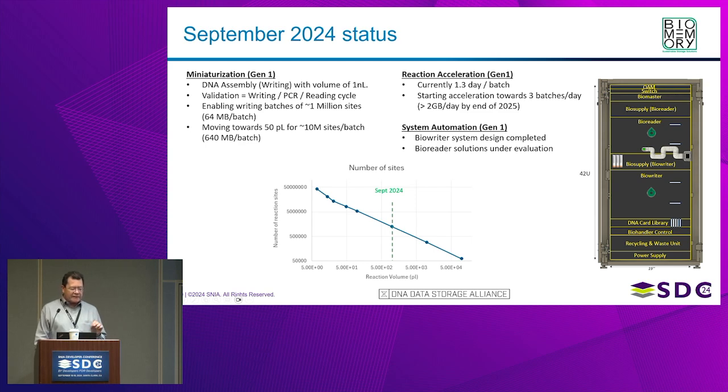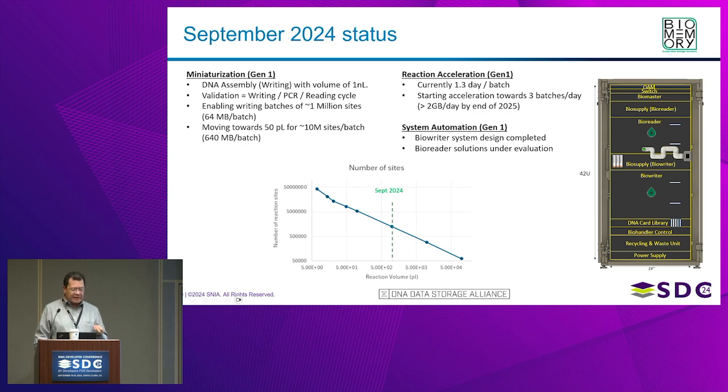When we started, we were at a 10 microliter range of reaction. Now we just validated, a few weeks ago, 1 nanoliter. Validating means we can write it, amplify it, copy it as much as we want, and then read it back and turn that back into a binary string.